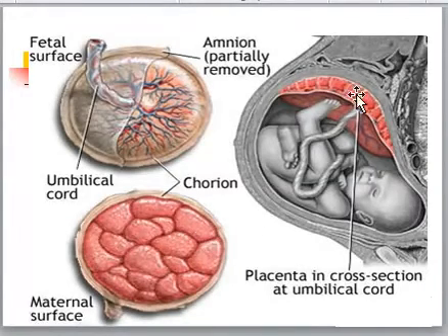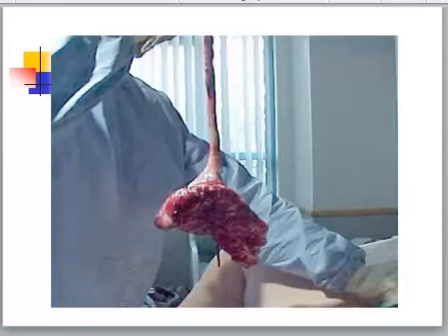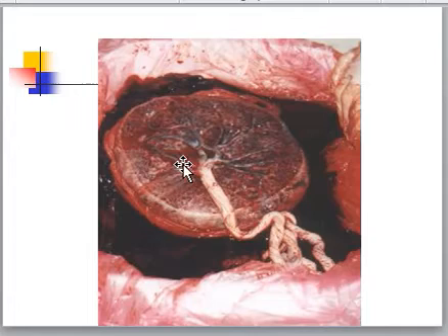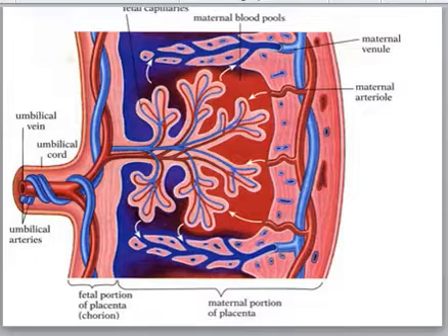I hope you are able to see the placenta clearly. And these are the circulations: the maternal arterioles and maternal venules are present. So there are the fetal portion as well as the maternal portion. There are two types of portions. This comes under the placenta.